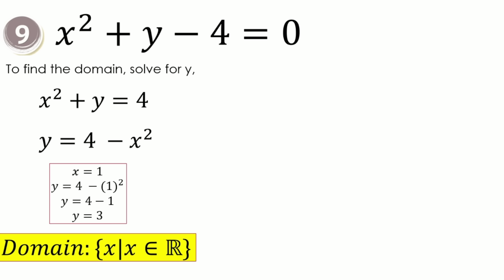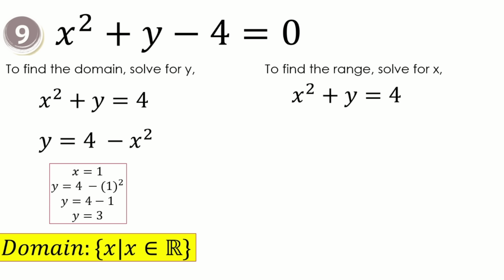There is no restriction there. How about the value of the range? Solve for x this time. x squared plus y is equal to 4. So, we move y because what we are looking for is x, the value of x. So, x squared is equal to 4 minus y.